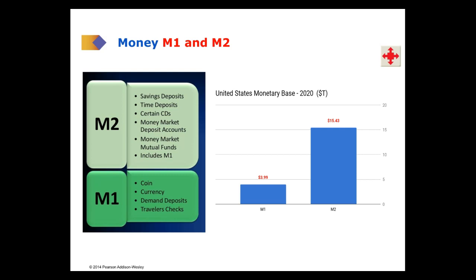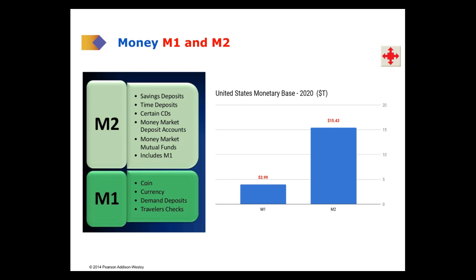Now, again, this is not as pertinent today as the market has changed, but this is the idea behind M1 and M2. M1 is the narrower definition, the more liquid things that I can make into money right away. M2 includes M1 plus a number of other banking assets that are a little bit less liquid.